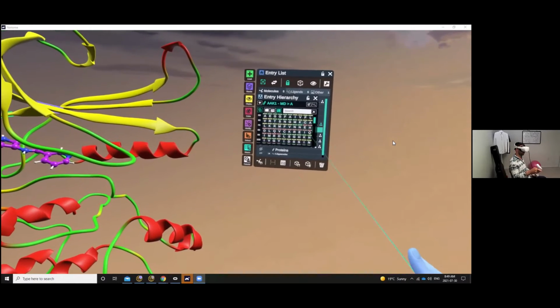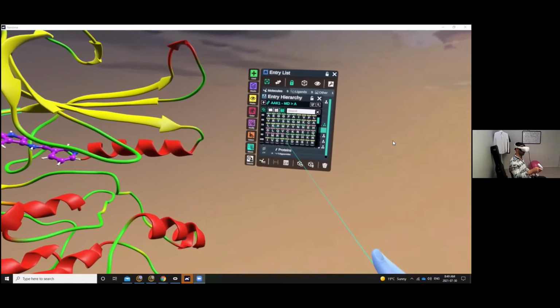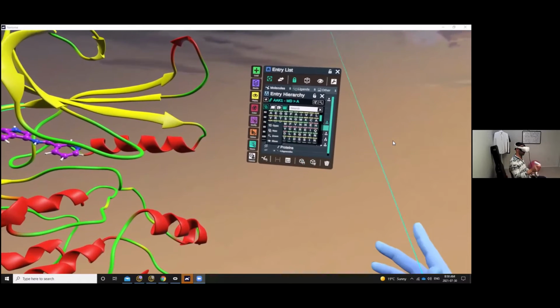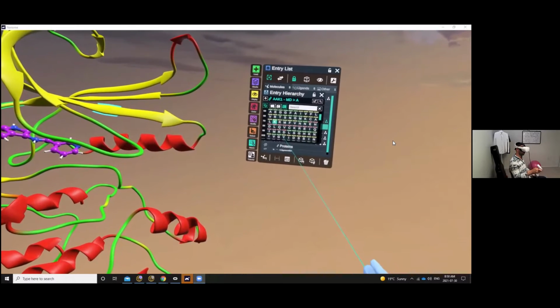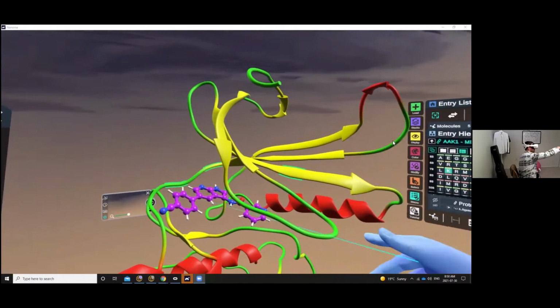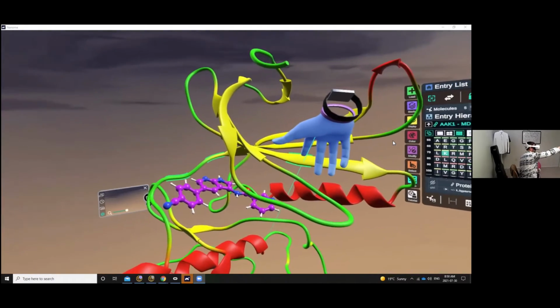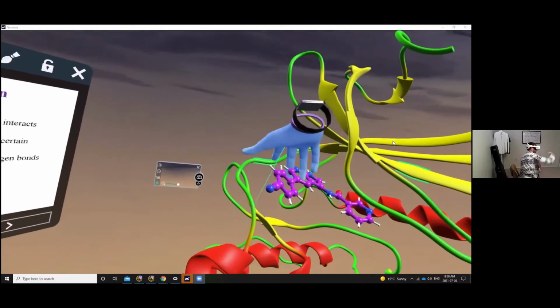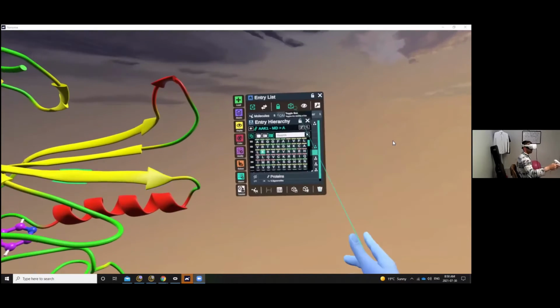There it is. Okay, so as you can see, if I look at my protein now, those regions that I selected or highlighted, what I want to do now is show those regions in VR.